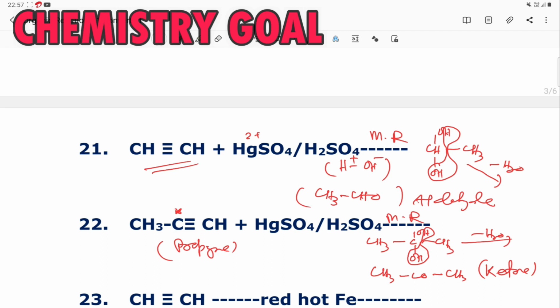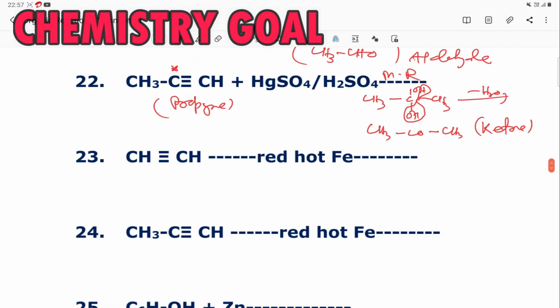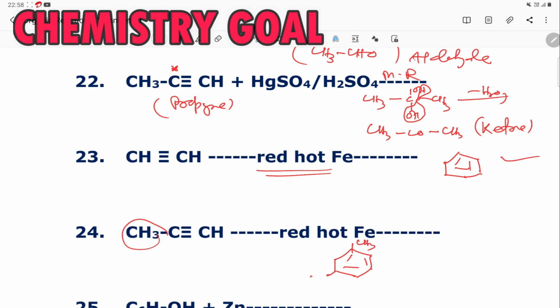Loss of a water molecule produces ketone. Then acetylene, when undergoing polymerization in the presence of red hot iron, gives benzene. The product is benzene. This is also a very important reaction. Similarly, propyne undergoes polymerization forming the same type of product, a benzene derivative; as the methyl group is here, 3 methyl groups will remain on the benzene ring.